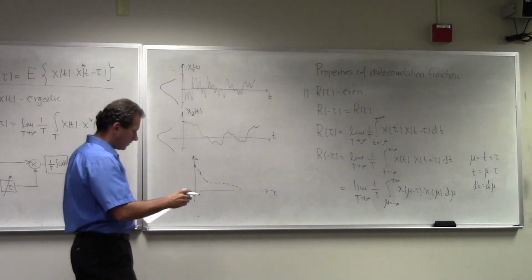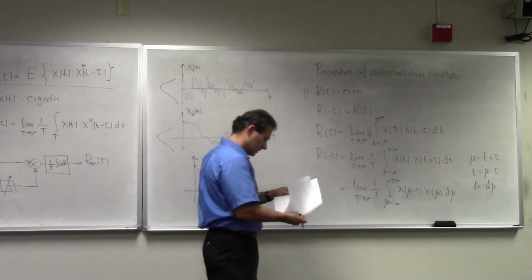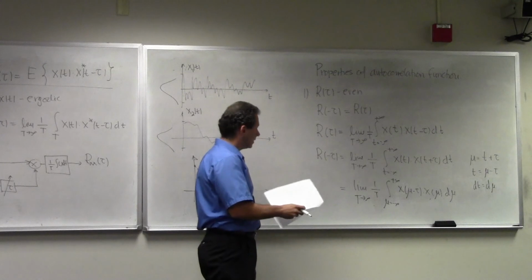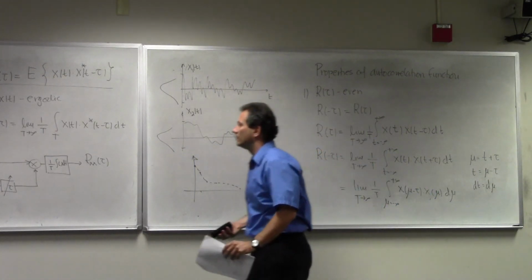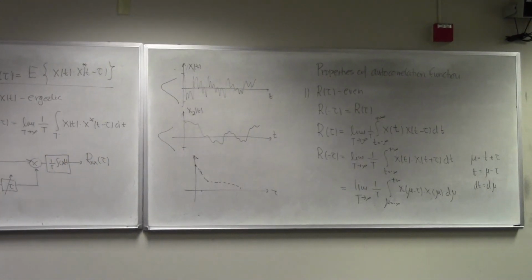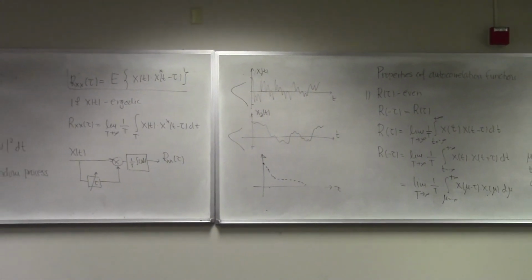Okay, so that's the first property, and the second property that I want to also highlight is that the maximum value of autocorrelation function occurs for delay of tau equals 0.